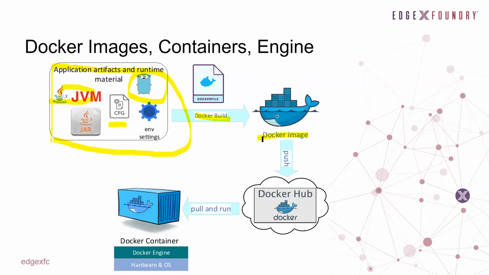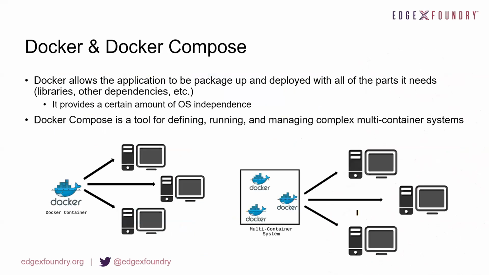That creates Docker images. It's those Docker images that help create the actual containers that we pull down and run in our environment. So a lot of work goes in behind the scenes of making this EdgeX environment work, or make any Docker application work. But the important part in the end is, as a user, you're looking to get a hold of the containers that make up EdgeX, and those will run in your infrastructure.